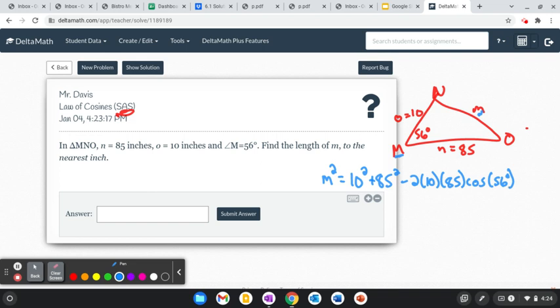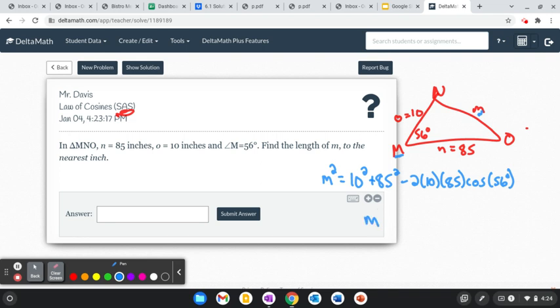And we will type that directly into the calculator as it's written. 10 squared plus 85 squared minus 2 parentheses 10. Just don't forget those parentheses. Parentheses 85. Cosine of 56. Close your parentheses on that.